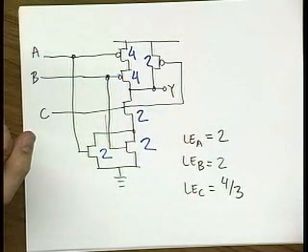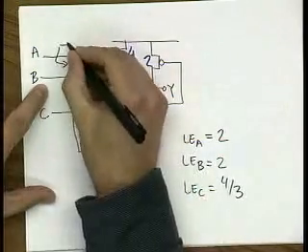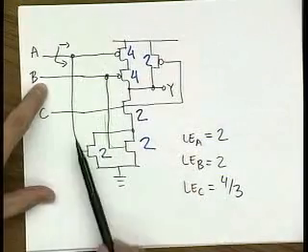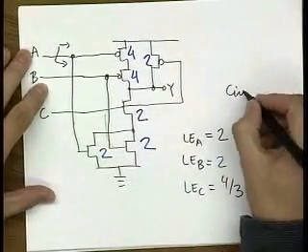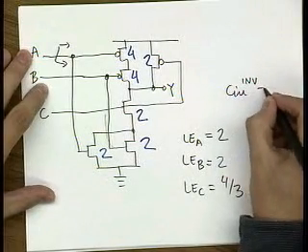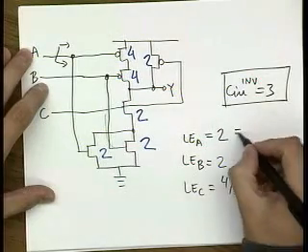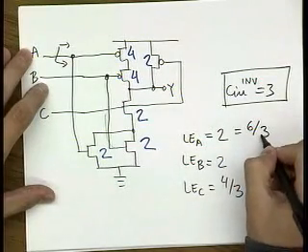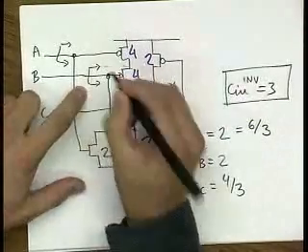So for A, what does A see? So it says this one and this one. And then we know that the input capacitance of an inverter is always 3. That's our normalization. So this is equal 6 over 3. Stage B, what's the capacitance that you see from here?